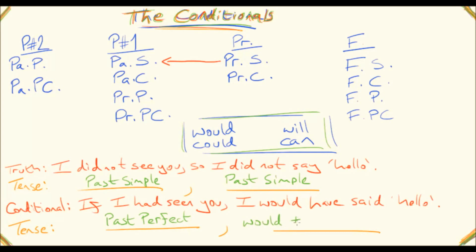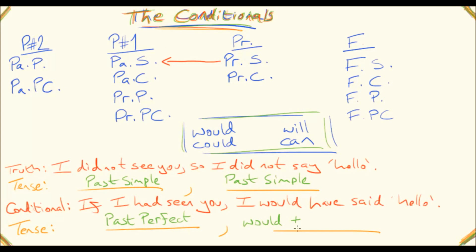But then, because we want to talk about the past, because in the truth it's about the past, right? We want to talk about the past. This would just tells us, in this mode anyway, that we're creating an unreal conditional. So we need a word next that will throw things into the past. We know from rule number 1 that we need to use a base form.